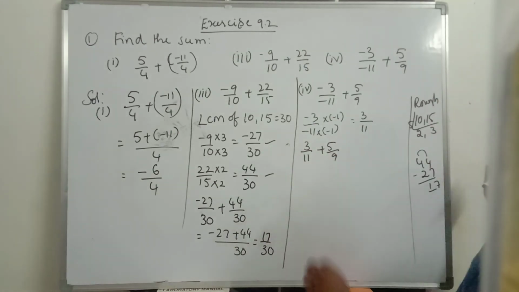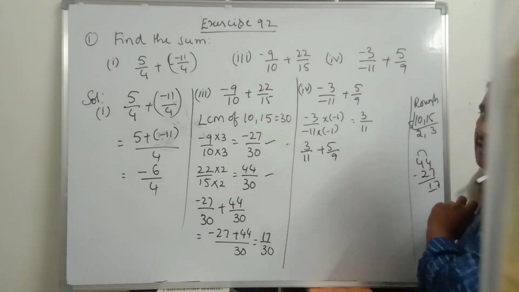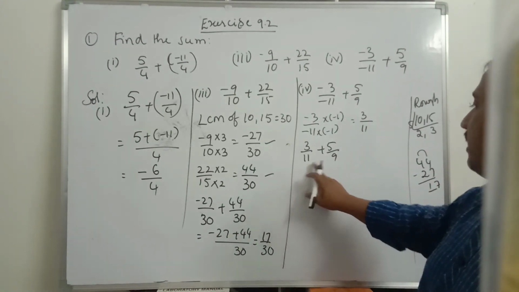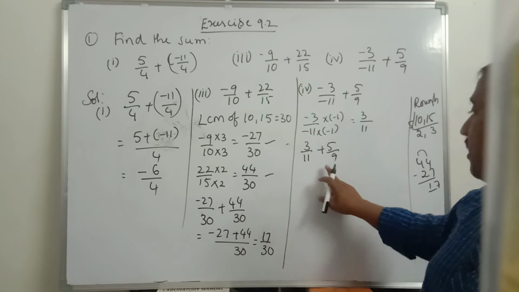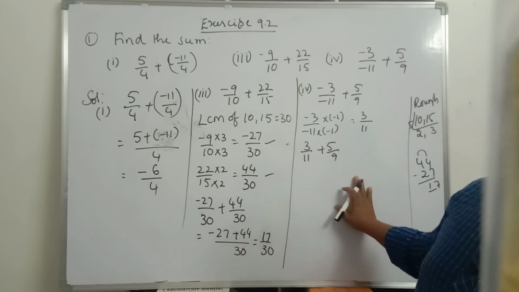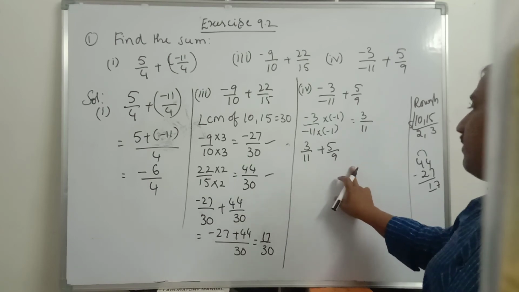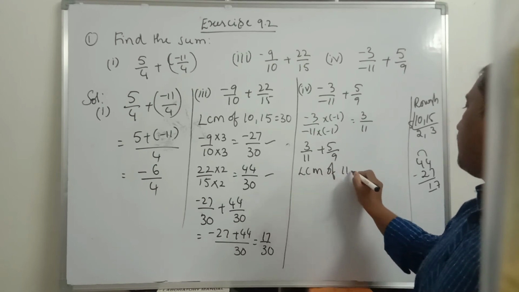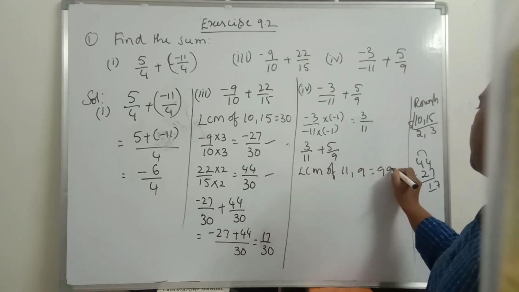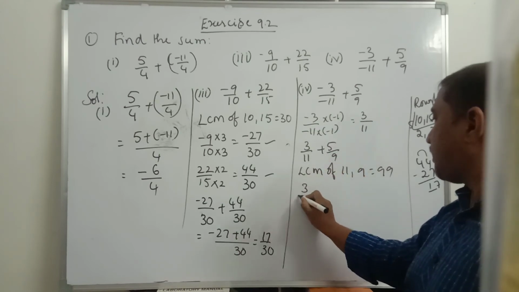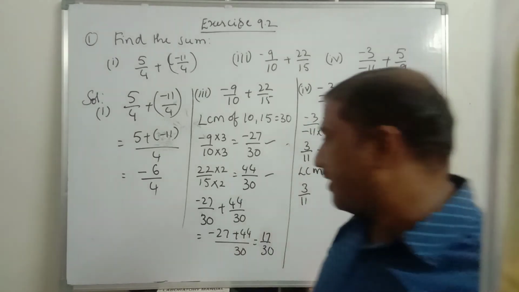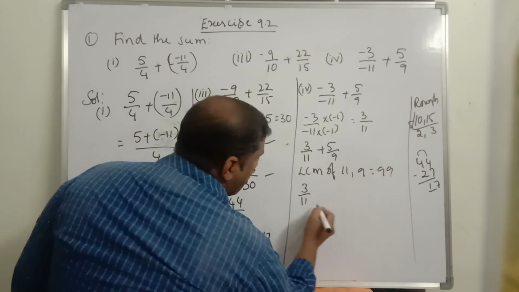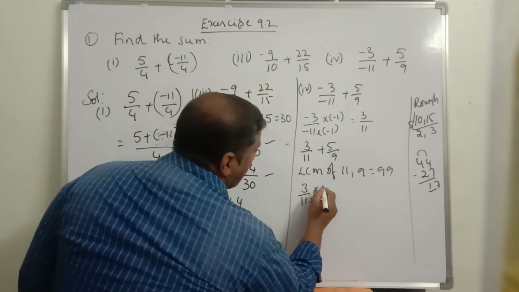Now you take the LCM for the denominators. Two different denominators are there. Find the LCM of 11 and 9. Both are co-prime numbers. Therefore, their LCM will be their product only. So the LCM of 11 and 9 is 99. Change the rational numbers. 3 by 11: to get the denominator 99, 11 is multiplied with 9.